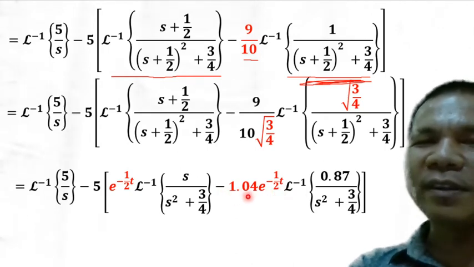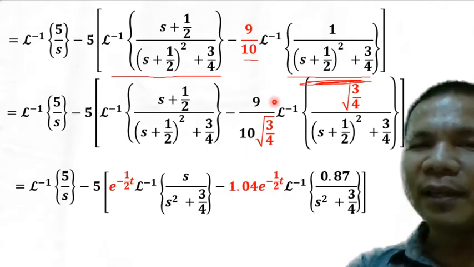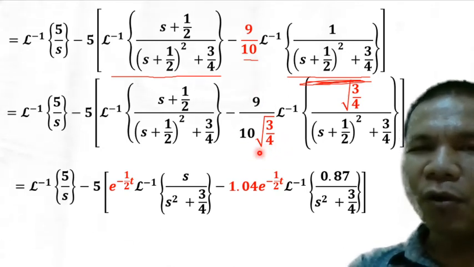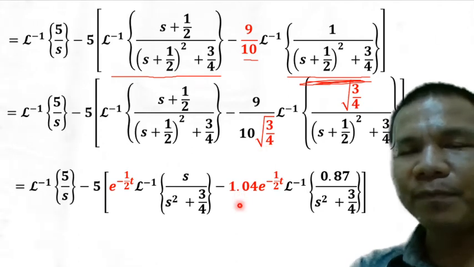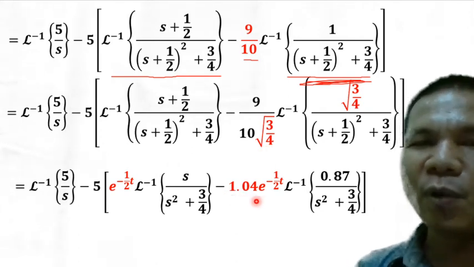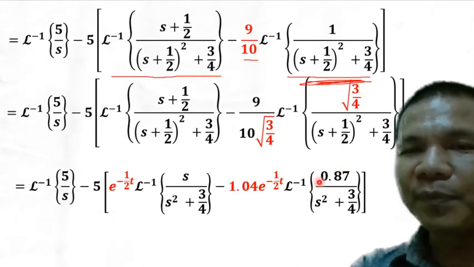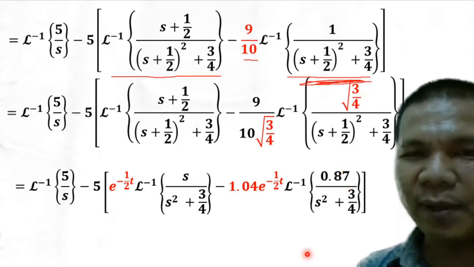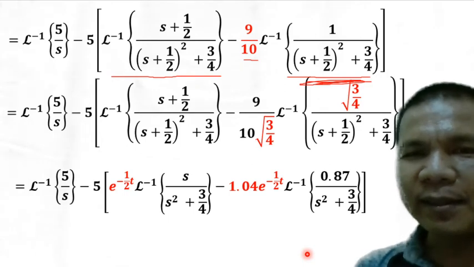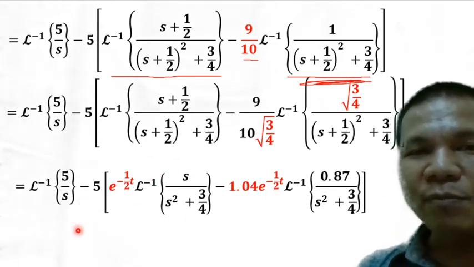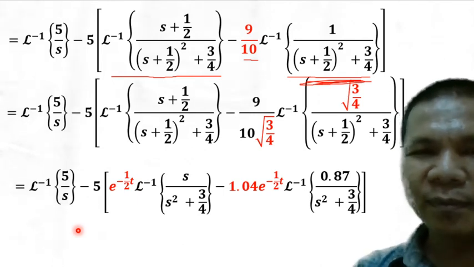And 1.04 is actually the simplified form of 9 over 10 over square root of 3/4. That will give you 1.04. And square root of 3/4 will give you 0.87. Now it is easier for us to take the inverse Laplace transform.